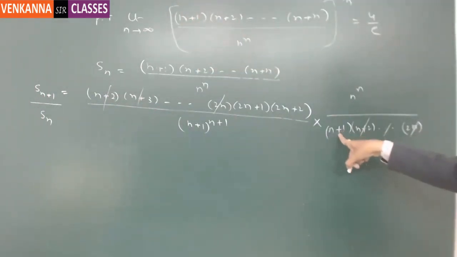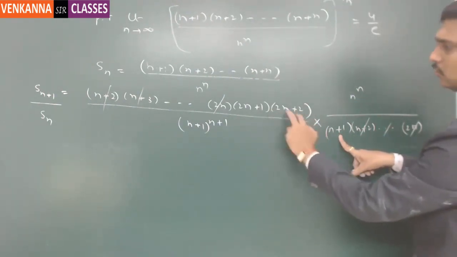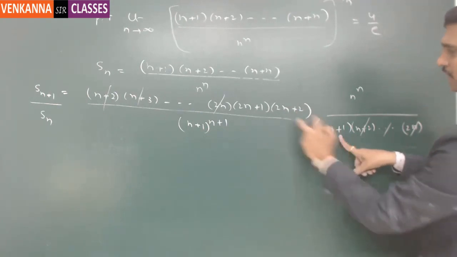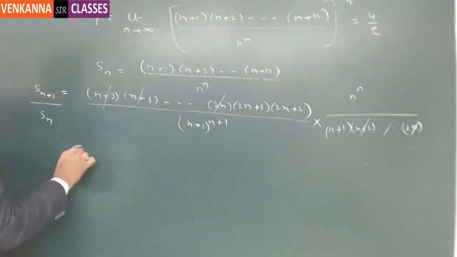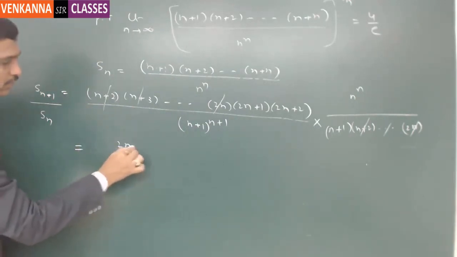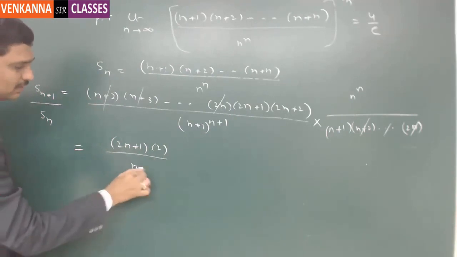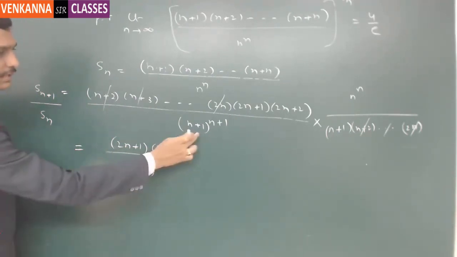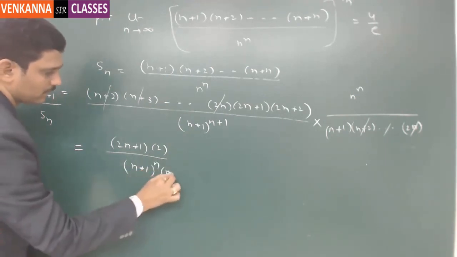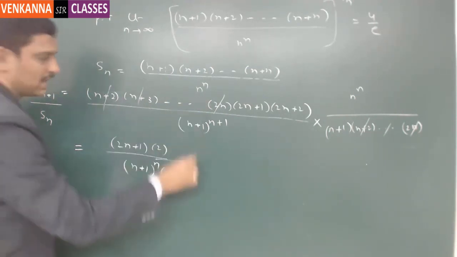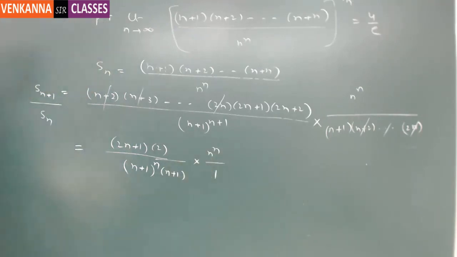N plus 1 remains here. In this portion, if you take 2 common, n plus 1 will be here, so this n plus 1 will get cancelled. So it will come as 2n plus 1 into 2 by n plus 1, and this will be n power n by 1. Please check that.